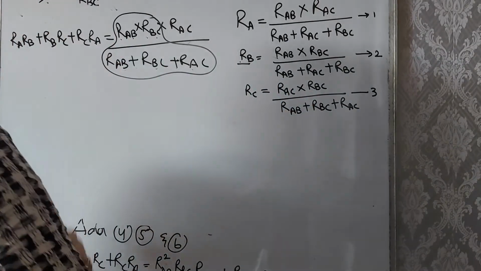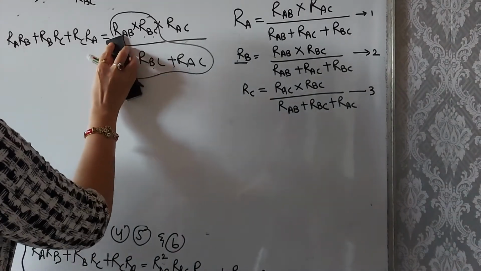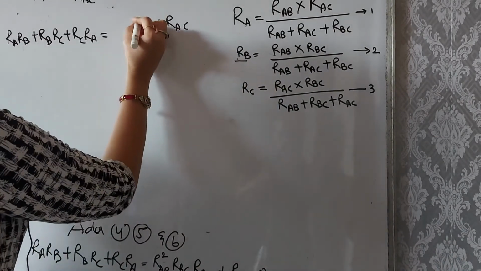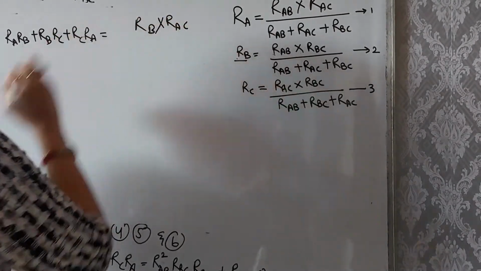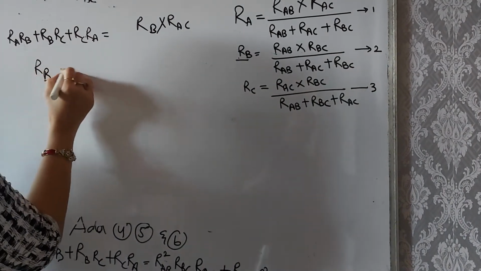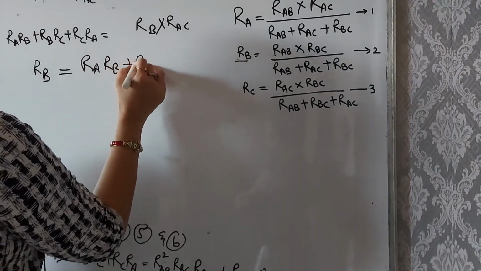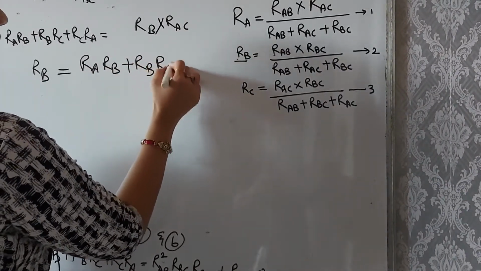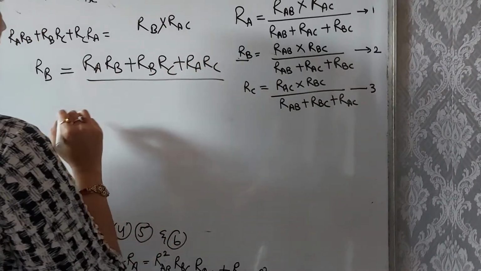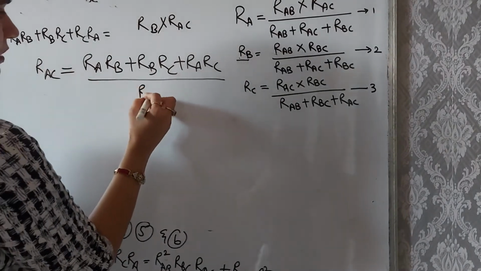So here we put the value of RB, then the equation becomes RA RB plus RB RC plus RC RA is equal to RAC into RB. So from here we find the value of RAC: RAC is equal to RA RB plus RB RC plus RA RC upon RB.